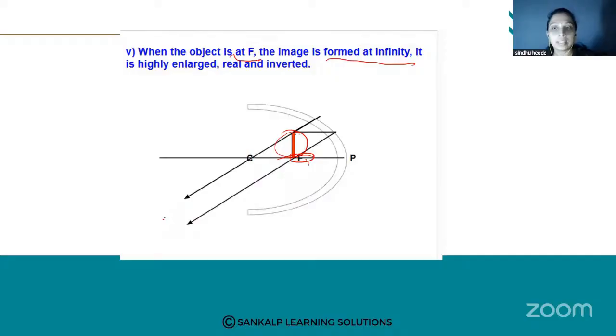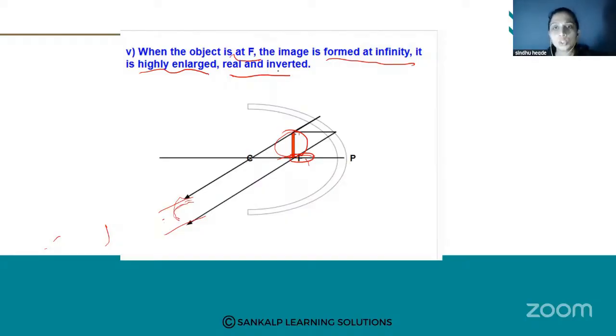We can't see the image formation here, so that's why we show the direction like this. Somewhere the image is formed here. So the image is formed at infinity. How does the image look? It looks like a highly enlarged, real, and again inverted image.